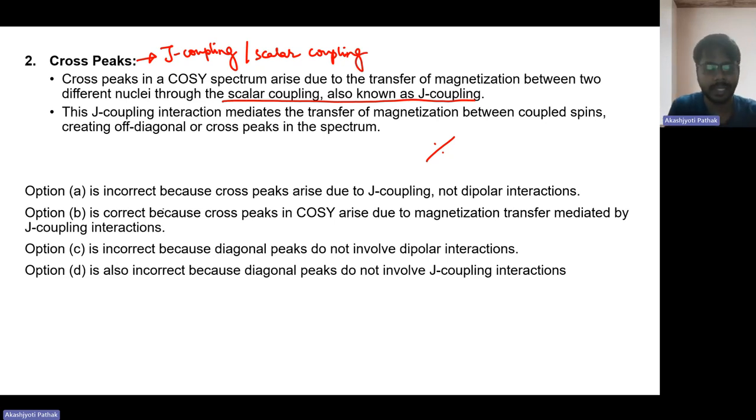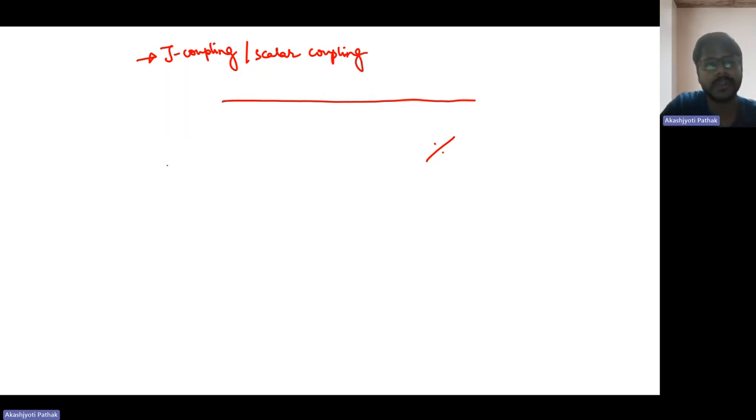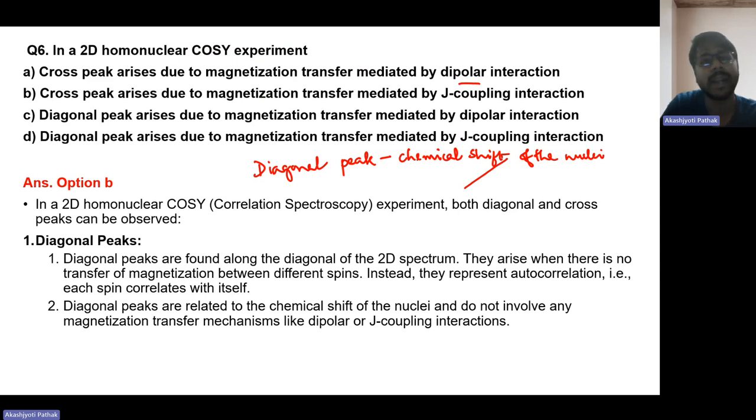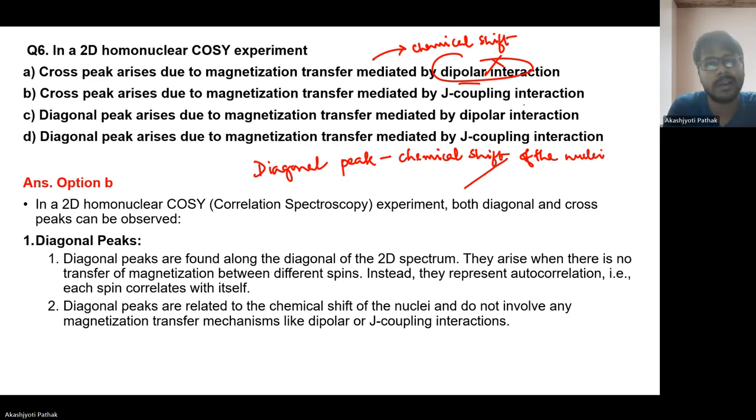So if we look at each option, what was the first option? Cross peak arises due to magnetization transfer mediated by dipolar interaction. So this is wrong. Then the second option, the cross peak arises due to magnetization transfer mediated by J coupling interaction.